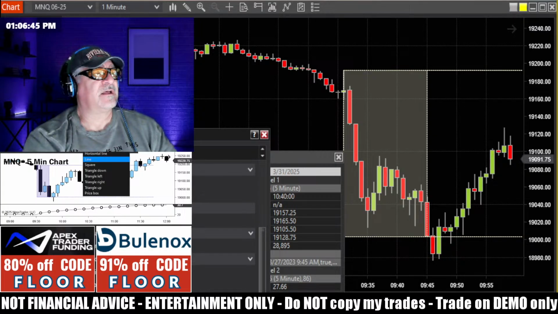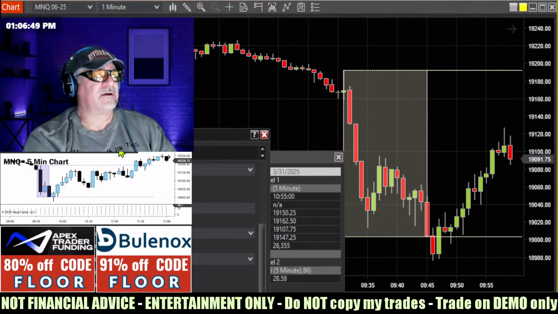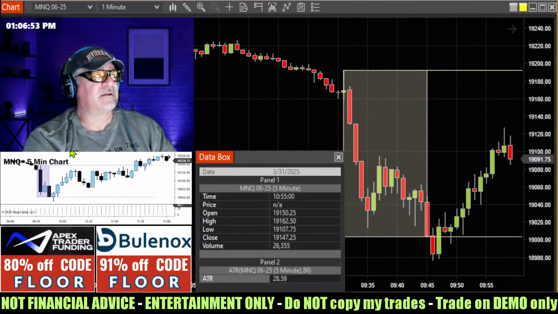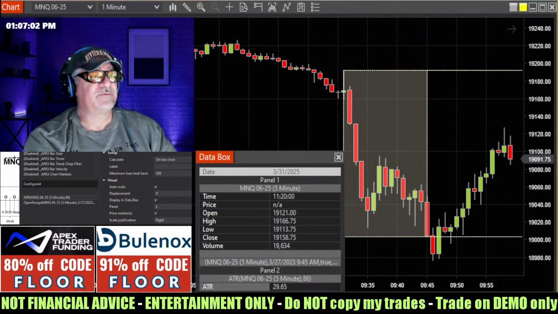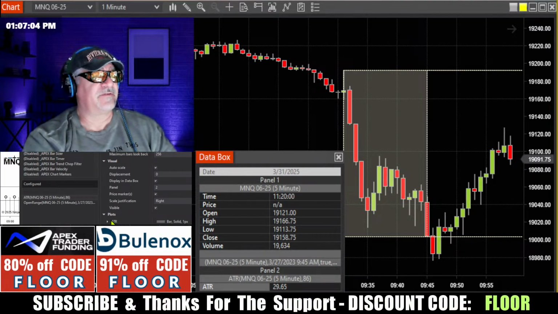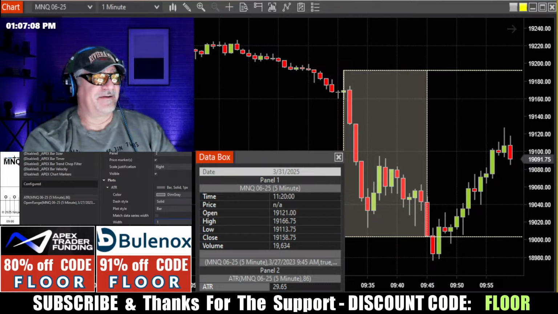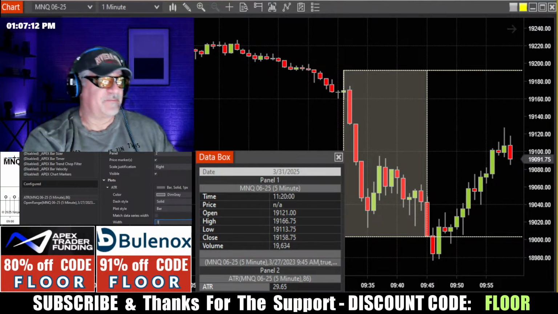Solid, dash dot, line, bar. Oh my God, please tell me it's not that easy. Holy shit. Okay, I feel stupid. I even used to give Ninja shit that they didn't create it as bars. Look how easy it was. Another brain fart.